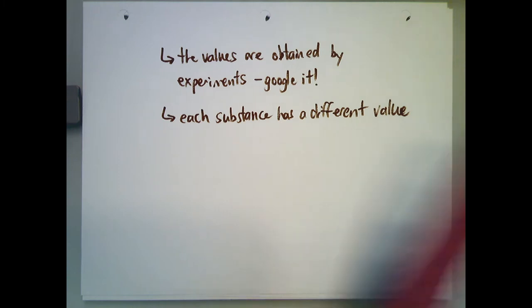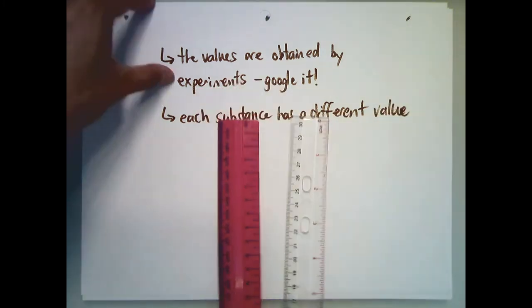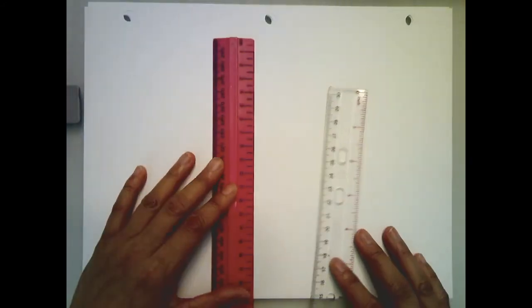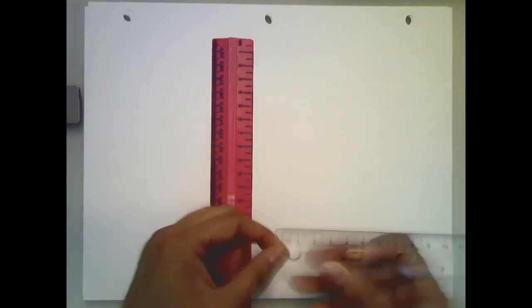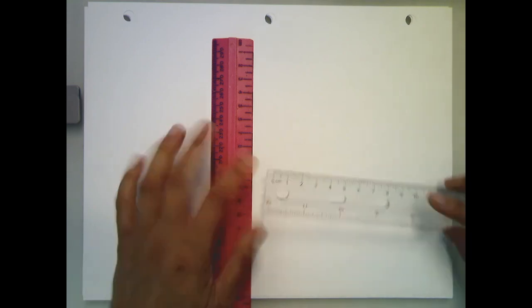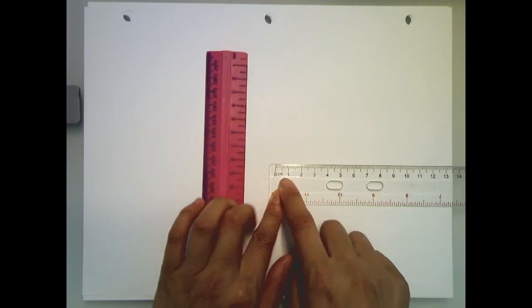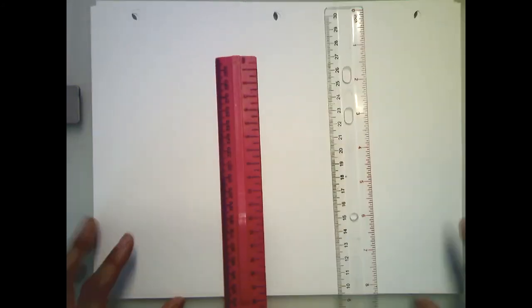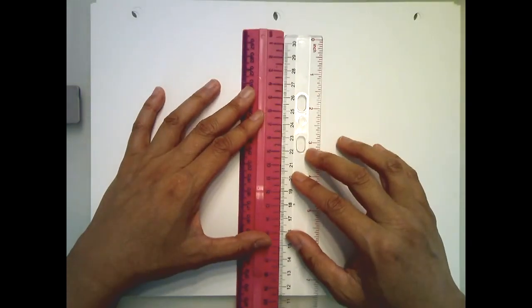All right, let's explain the difference between Celsius and Kelvin. I got two rulers over here, and you'll notice the pink one on the left has units of centimeters. Now how do I know this? Well, here I have another ruler, the clear one on the right, and I'm going to use the black one because the bottom's in inches. It does say centimeters right here, okay? And we're just going to line them up to make sure that these two rulers are pretty much measuring the same unit.